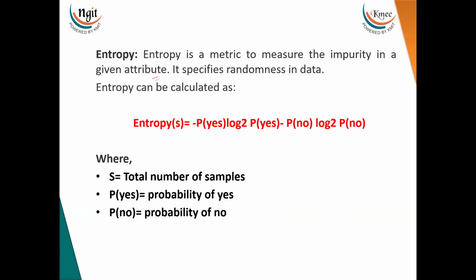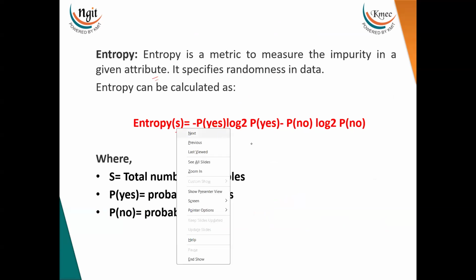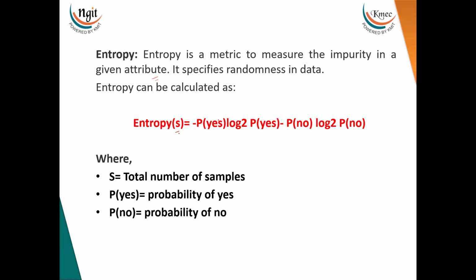The entropy of the whole data set is given by minus P(yes) log base 2 P(yes) minus P(no) log base 2 P(no), where S is the total number of samples in the data set, P(yes) is the probability of yes and P(no) is the probability of no. You just have to remember this formula to find the entropy of a given set.